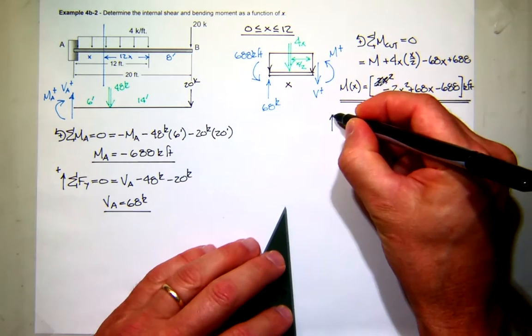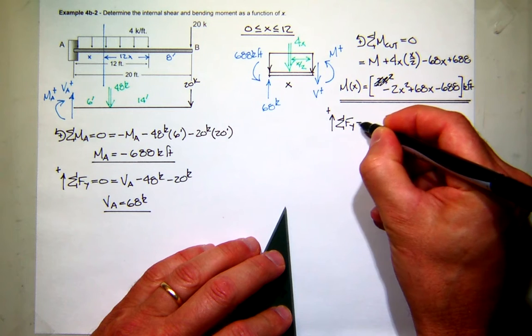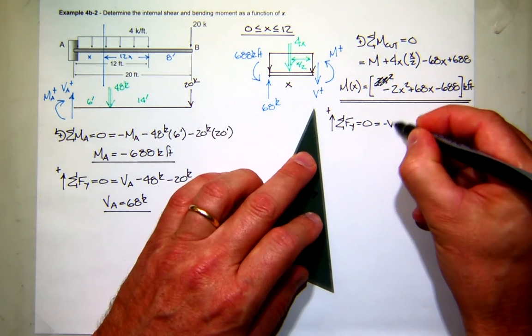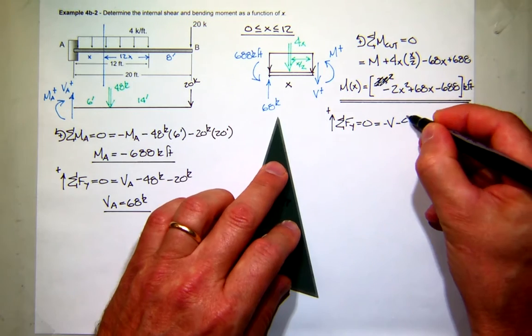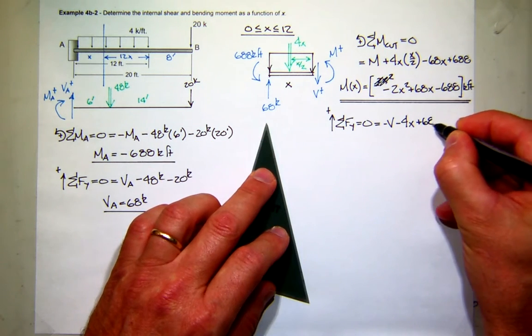So now I'll sum forces in the y direction, set that equal to 0. Let's see what I get. So I get the shear force is down, my 4x force is down, and 68 is up.